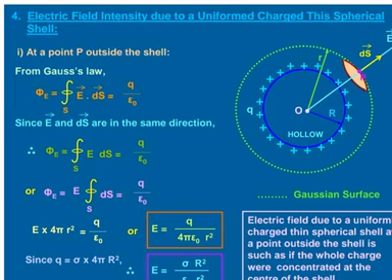Replace Q by sigma into area, right? And here the area will be what? 4 pi capital R square, because the charge is present on the surface of the shell, and here you have to take the radius capital R.